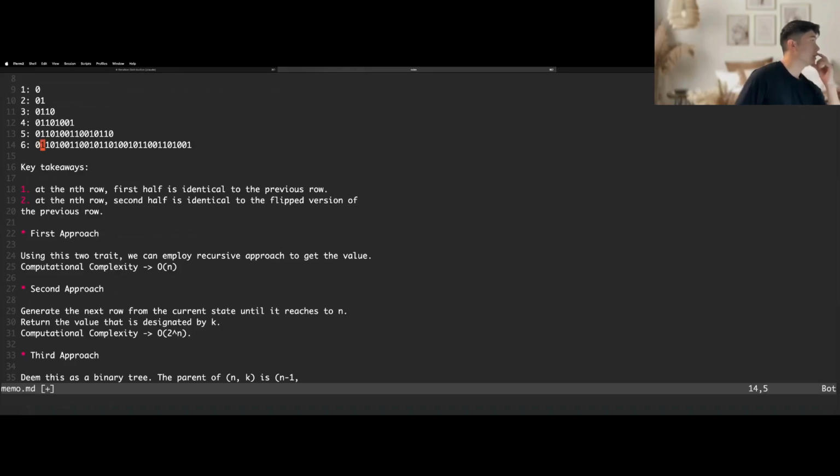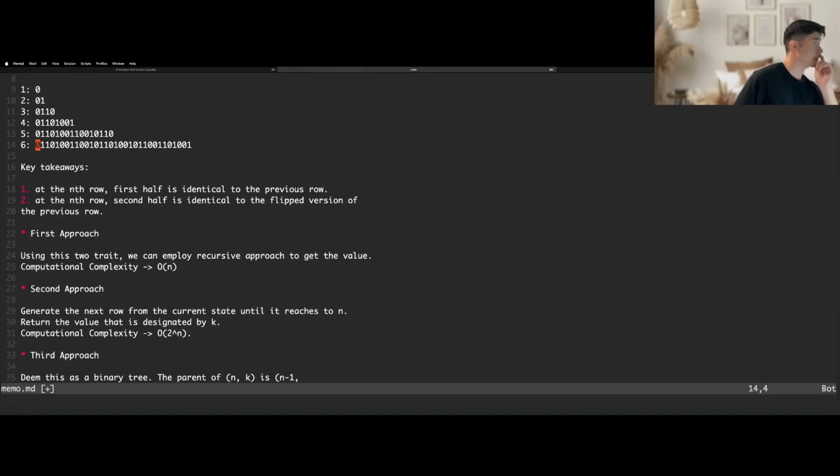So 1, 0. To get 1 out of 1 or 0, 1 or 2, if I divide 0 by 2, then you get 0, and it's not the way it should be. So k plus 1.